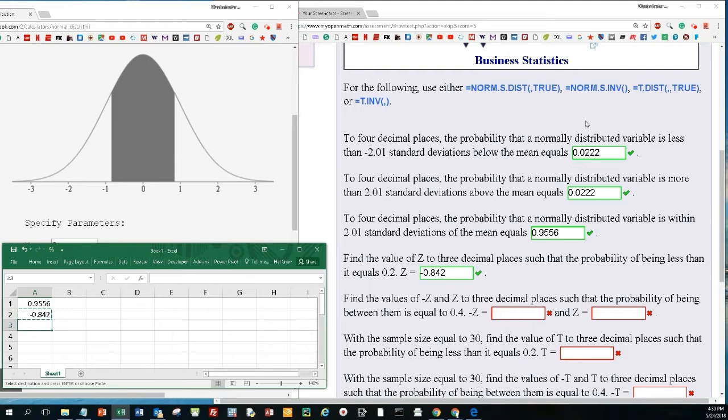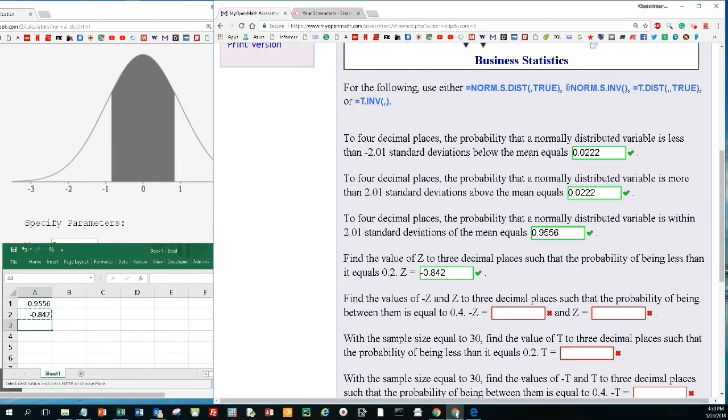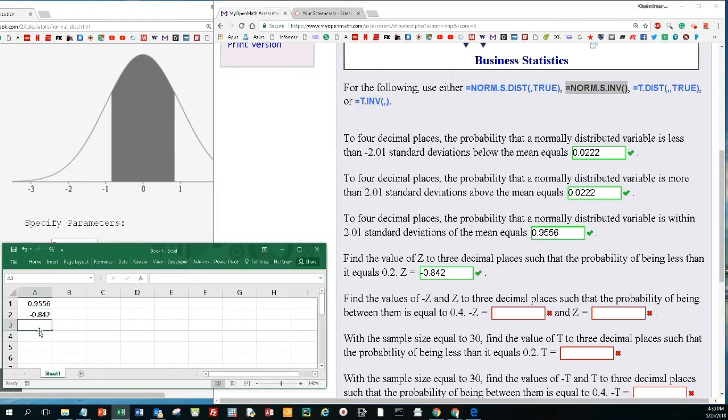So what we're going to do here is we're going to copy, again, norm.s.inverse. And we're going to type 0.3. Why am I typing 0.3? Because remember, we want the area in between to be 0.4.